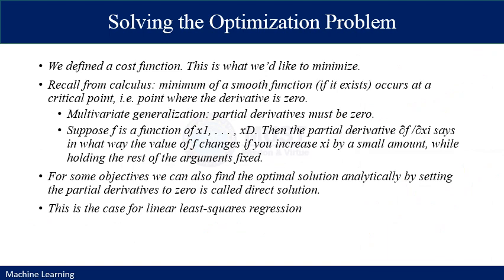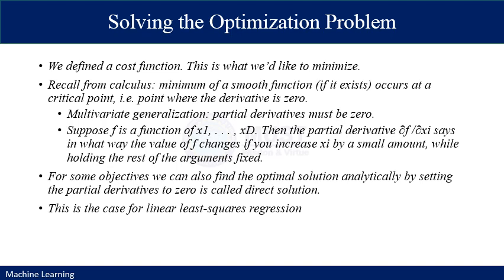Now we have defined a loss function or a cost function, whatever you call it. The goal is to minimize this cost function or loss function. There are various techniques to do that. A simple technique is from calculus.